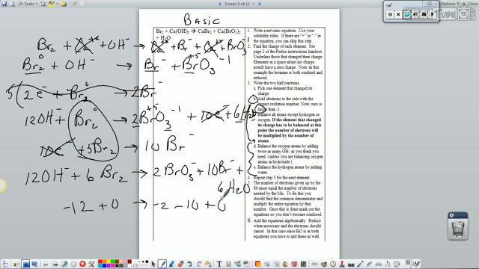So minus 12 equals minus 12. So this is balanced. So this is my box answer. And that's what has to be written on the page. If you need help, if your charges don't balance in the end, bring me your work and I'll help you with it if you need it. So good luck.